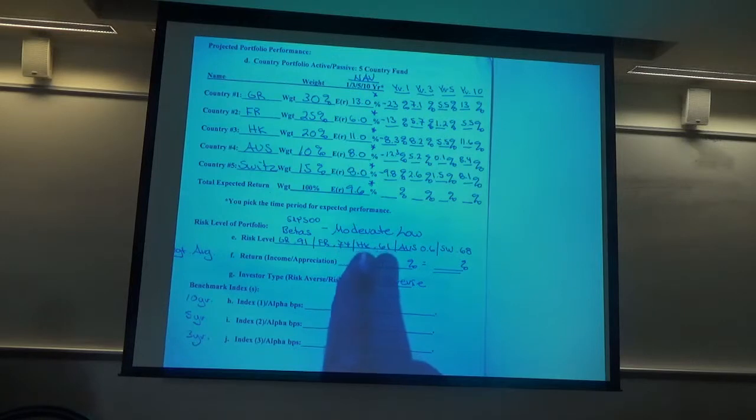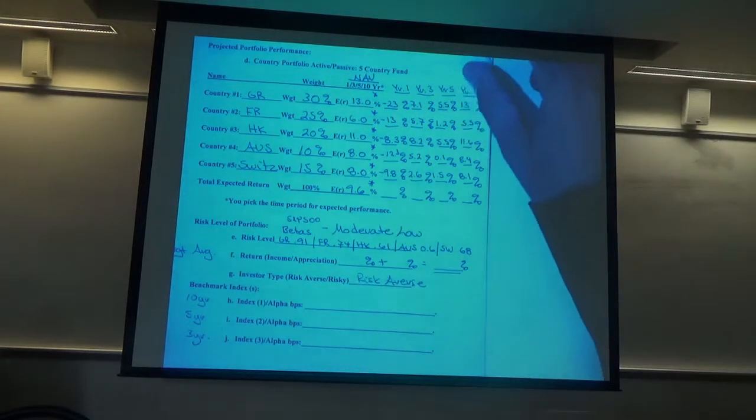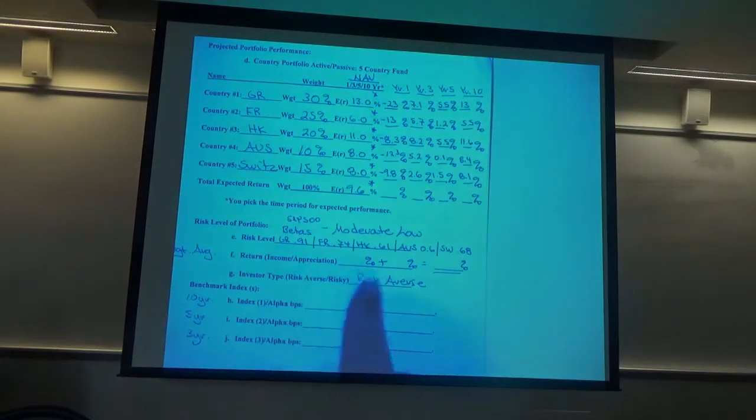It was basically below 1, which I felt was moderately low risk. Okay. And these countries are pretty big and established too, okay, even though I'm using the small caps for Germany. And then the second is the return expectations, the income return and the appreciation.